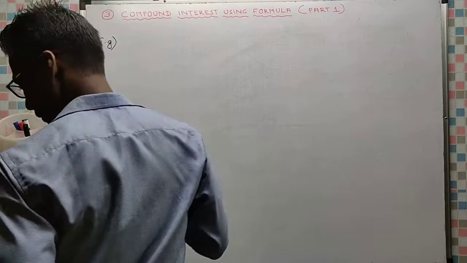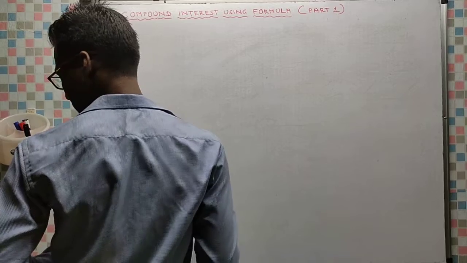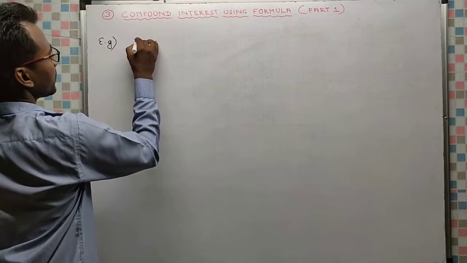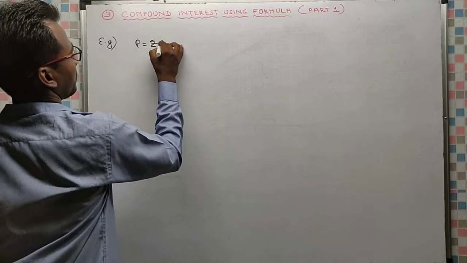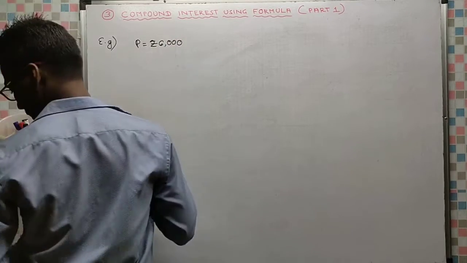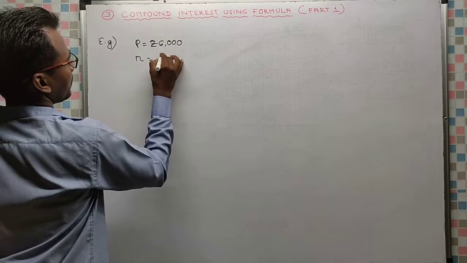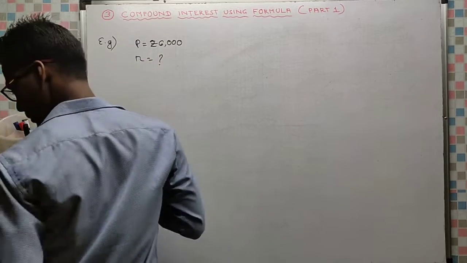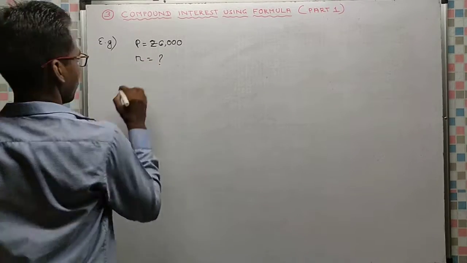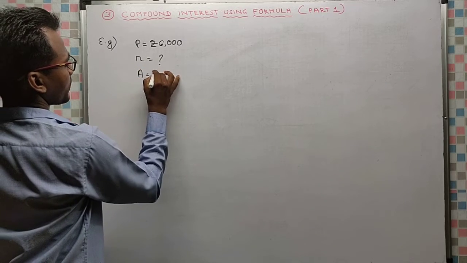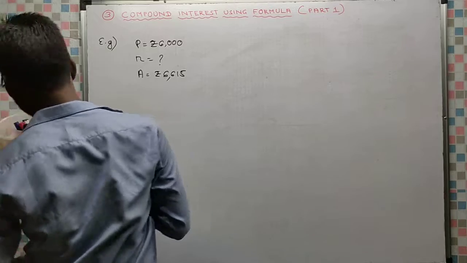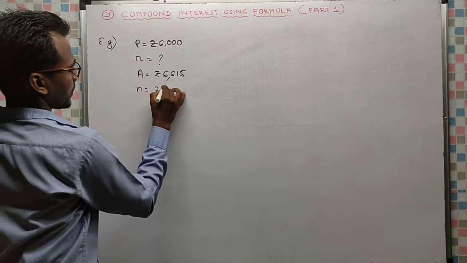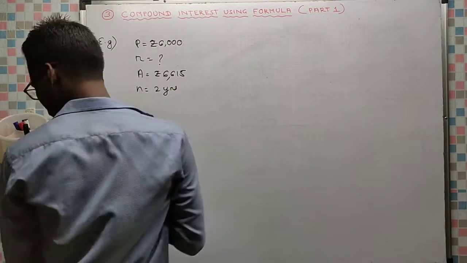So at what rate of interest per annum? Principal is given, 6000. Rate is asked. Then amount is equal to rupees 6615, n is 2 years.